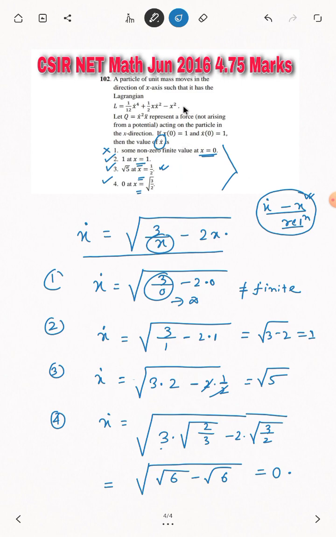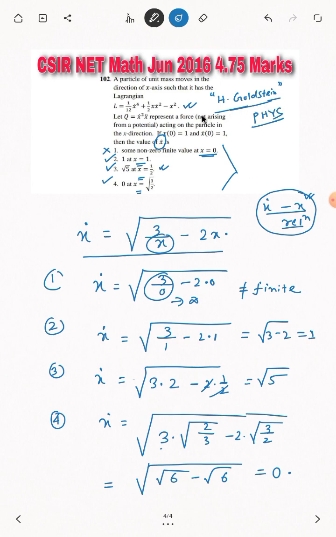Actually, this particular type of formation we can see in the book of Herbert Goldstein. That is a very important book to cover all the topics of CSIR. In the library of physics students, I mean the library not in the traditional way, but one's own library at home, for each and every physics student, this particular book, Classical Mechanics by Herbert Goldstein, is there.